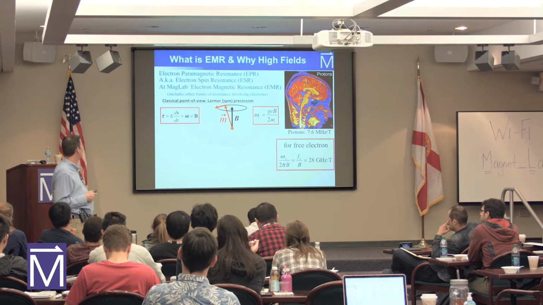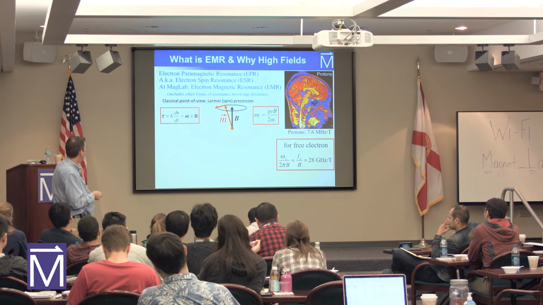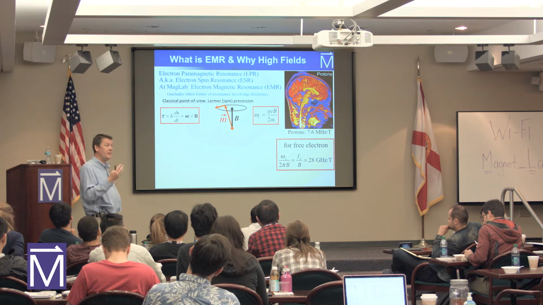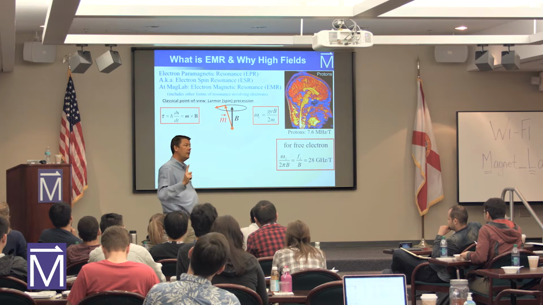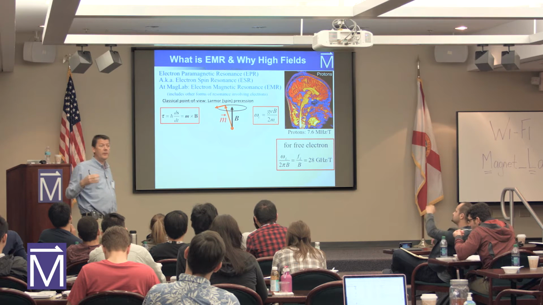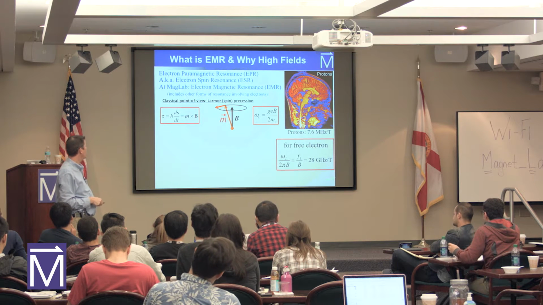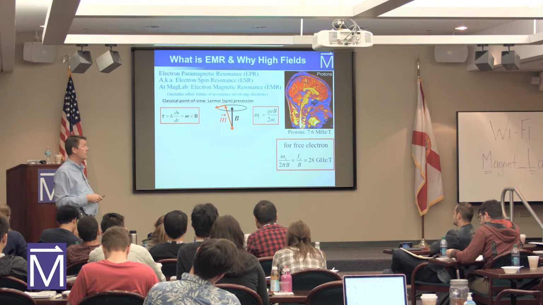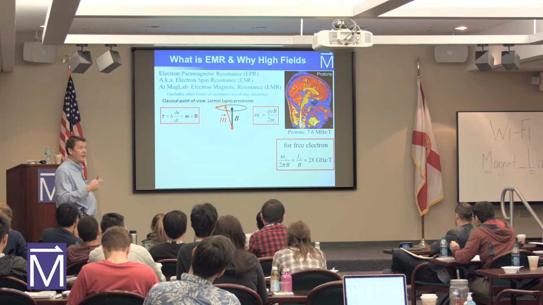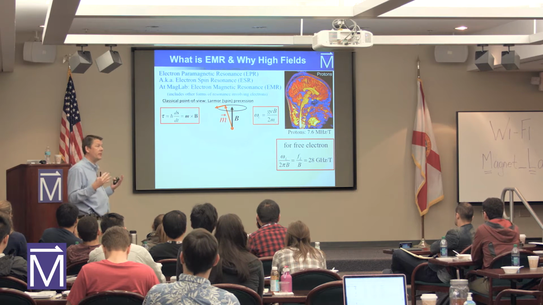And exactly the same thing happens with electrons. But of course, because the mass of an electron, which is in the denominator here, is about 2,000 times smaller, the frequency goes up into the microwaves. Instead of doing radio frequency pulses, you need microwave pulses in order to do electron spin resonance at 1 Tesla. That unfortunately has the effect that in that frequency range, water is extremely absorptive.